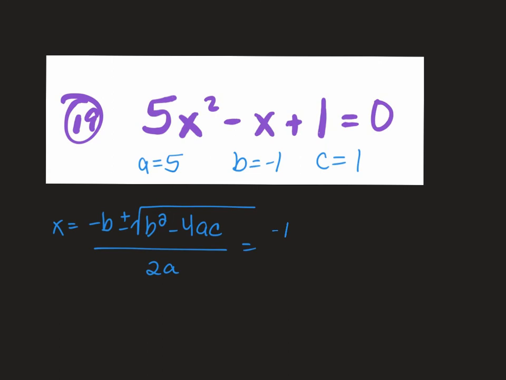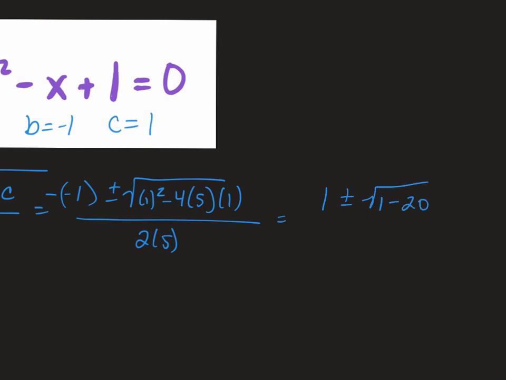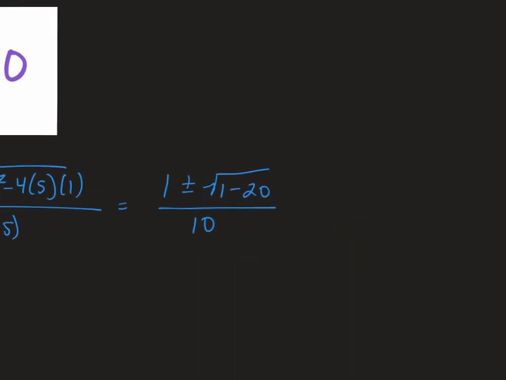Negative negative 1, it's positive 1, plus or minus, I have negative 1 squared minus 4 times a is 5, c is 1, all over 2 times 5. So that gives me a positive 1 plus or minus 1 squared is 1, minus 20 over 10. So I have 1 plus or minus the square root of negative 19 over 10.